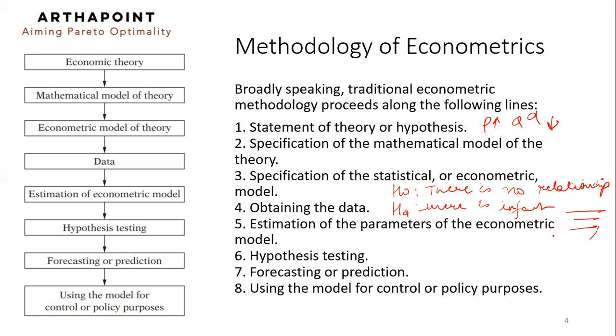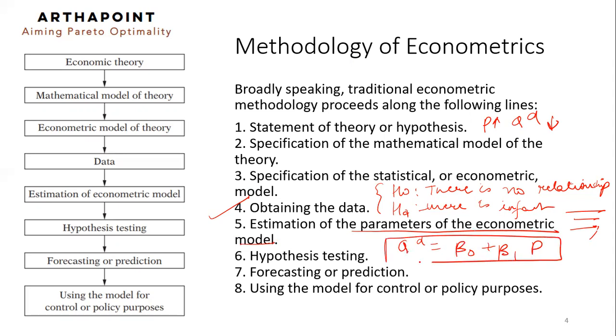The next step is to obtain the data. So, I have to go ahead and verify this hypothesis testing that I just created. I have to obtain data for that. I have to define my parameters: my quantity demanded is beta naught plus beta 1 price.